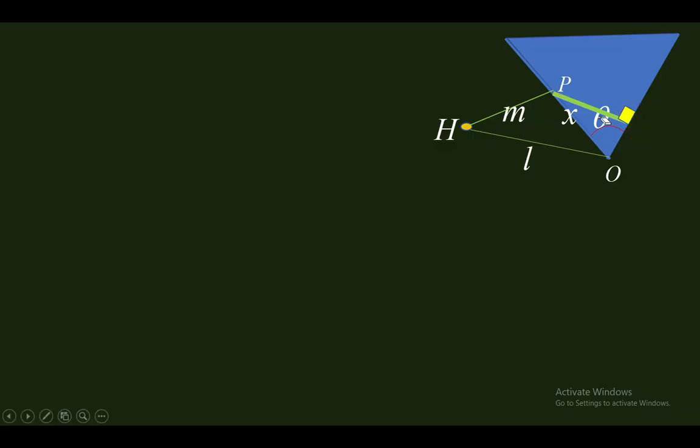Suppose this path takes the angler to the point Q, then PQ will be x sine theta from this triangle. This is perpendicular here, angle theta is made here. So if this distance is x, this will be x sine theta.